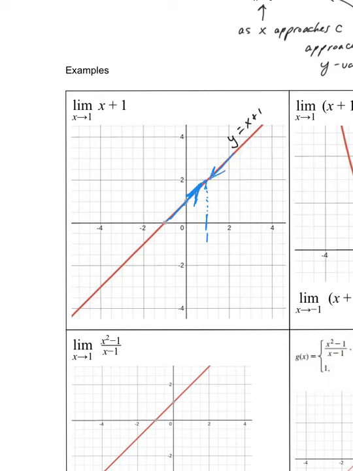And that's the same if we ride the function in the other direction. If I approach x is 1 from the other direction, I get to the same y value. So the answer to this would be 2.